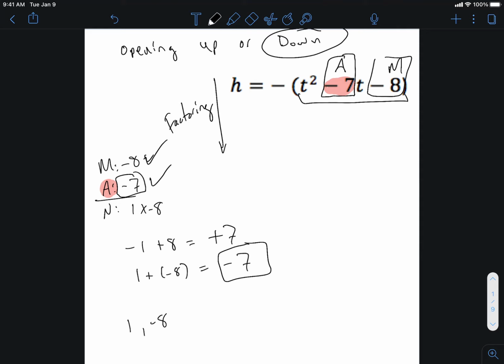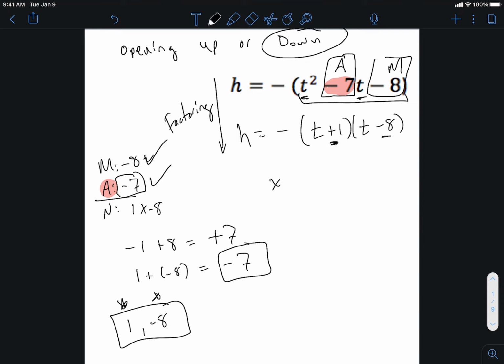Once we find these 2 numbers, we can take what our variable is, in this case, t, and I can rewrite the equation. T plus 1, that came from here, t minus 8 came from here. What are my 2 x-intercepts? Well, it looks like they always take the opposite sign.